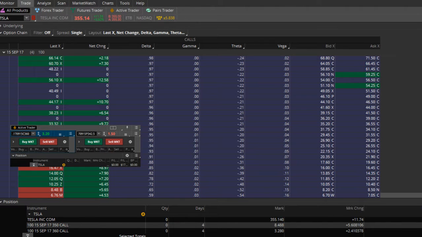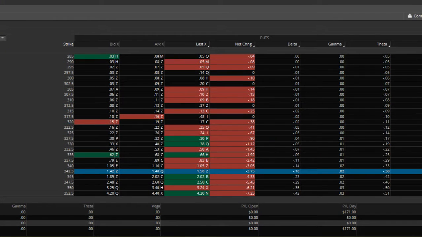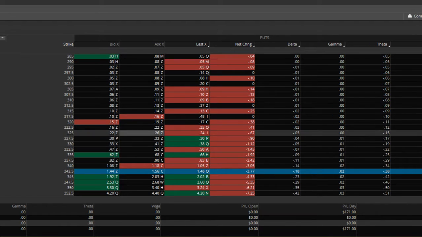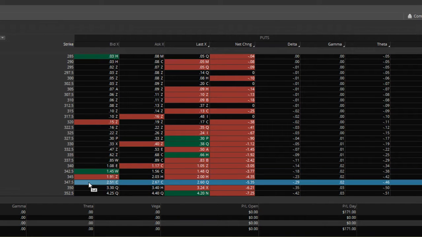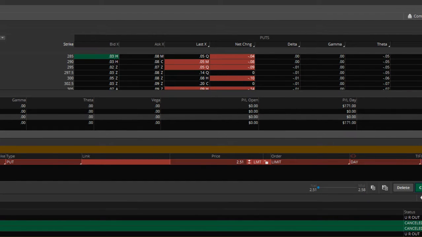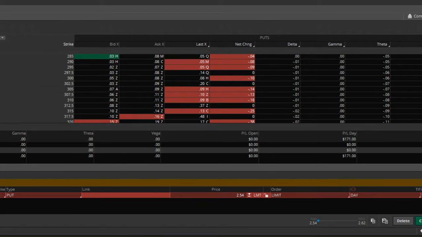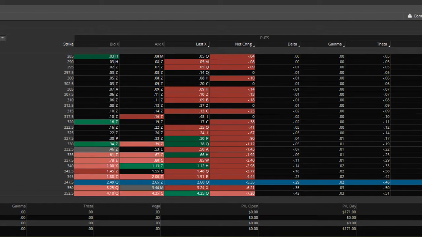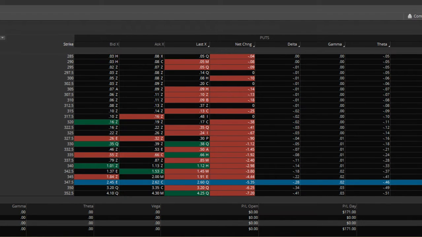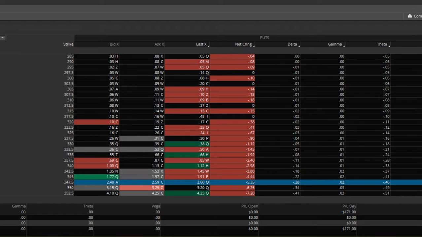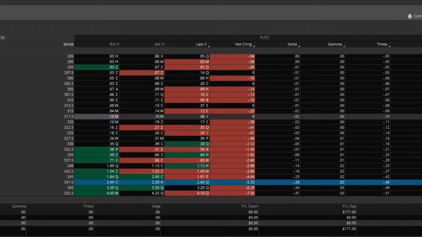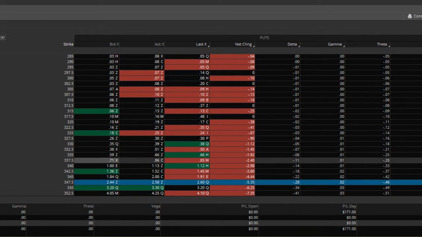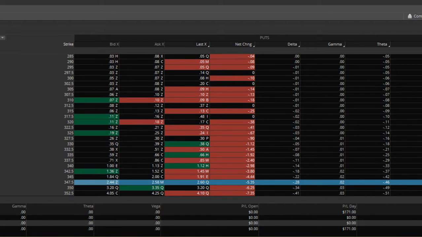And let's see, back to the option window. So I'm gonna look for one around my price range. Let's go ahead and look at this one for 251. Yeah, okay.